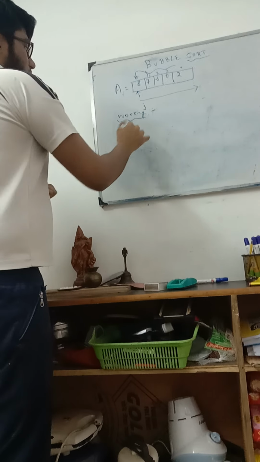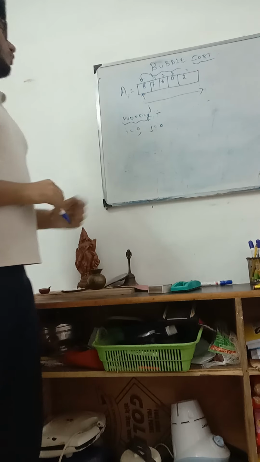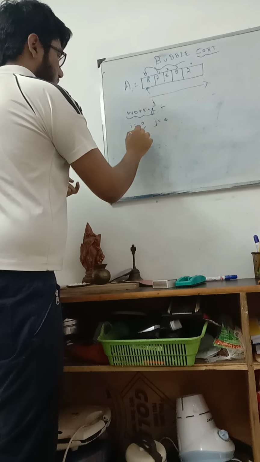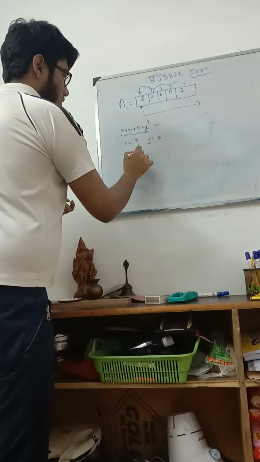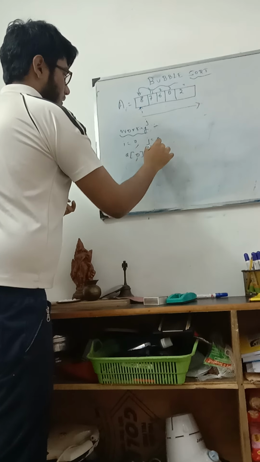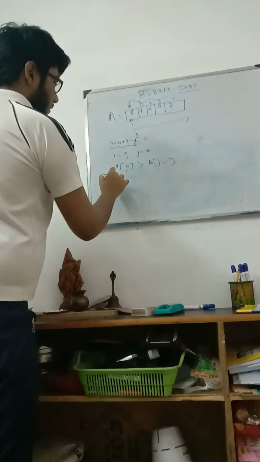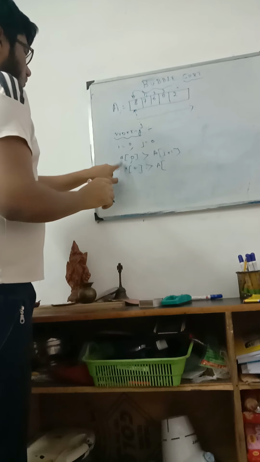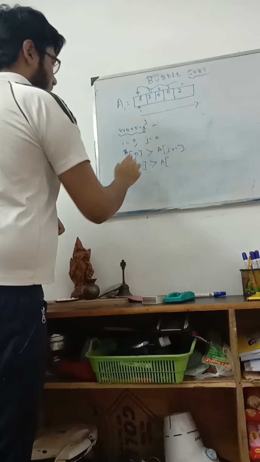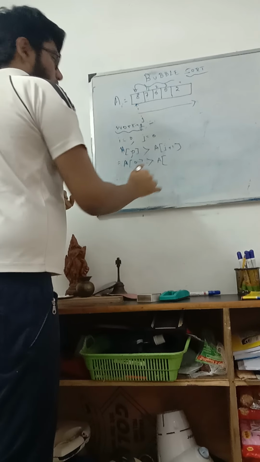In this case j starts with 0. Now let's compare. We check whether A of j, which is the element at index 0, is greater than A of j plus 1. This is the A array, and this is the first element.